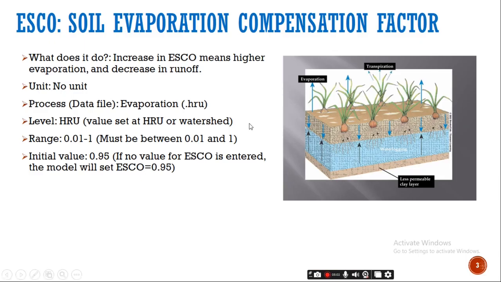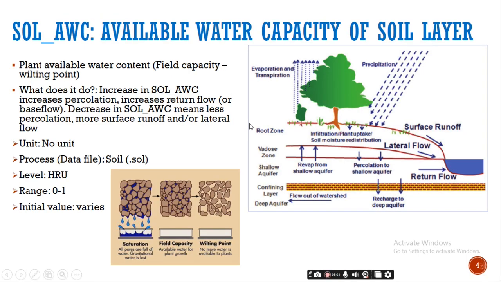Let's continue. Then another parameter is soil AWC, meaning available water capacity of the soil layer. It is the difference between the field capacity and the wilting point. In this figure, we can see saturation means excess water, field capacity means available water for plant growth, and the wilting point means no more water is available to the plant.